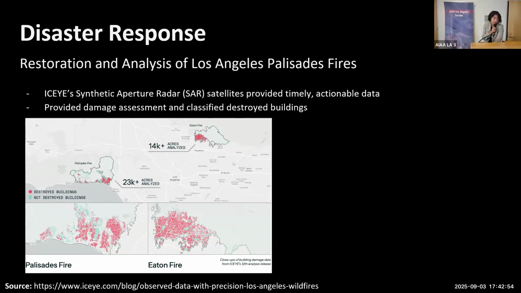And there was a small, medium-sized company called ISI, which owns a fleet of synthetic aperture radar satellites. And synthetic aperture radar works really well because it uses a microwave frequency of the electromagnetic spectrum that penetrates through ground and is able to detect wildfire pretty readily. So this company was able to provide a consolidated damage assessment report and was able to classify destroyed buildings within thousands of acres of land.